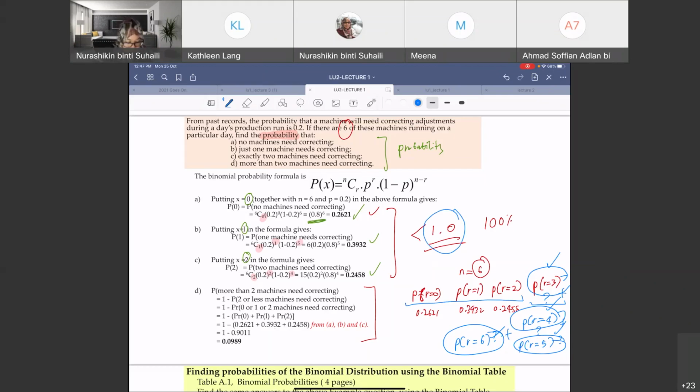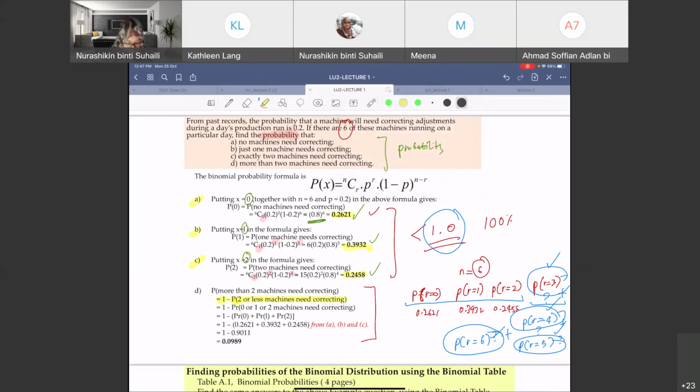So that's why here, in the solution given, because we know already the values of A, B, and C, for more than 2 machines, you can just subtract from 1 the values of the others that are less than or equal to 2, which is 0, 1, and 2.